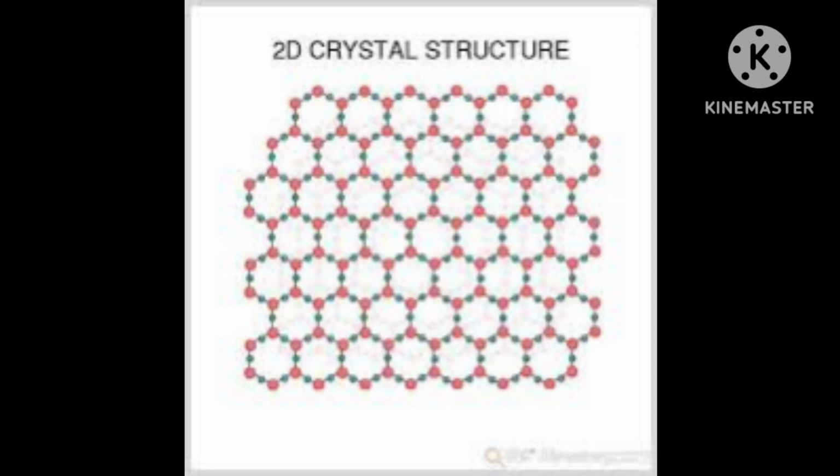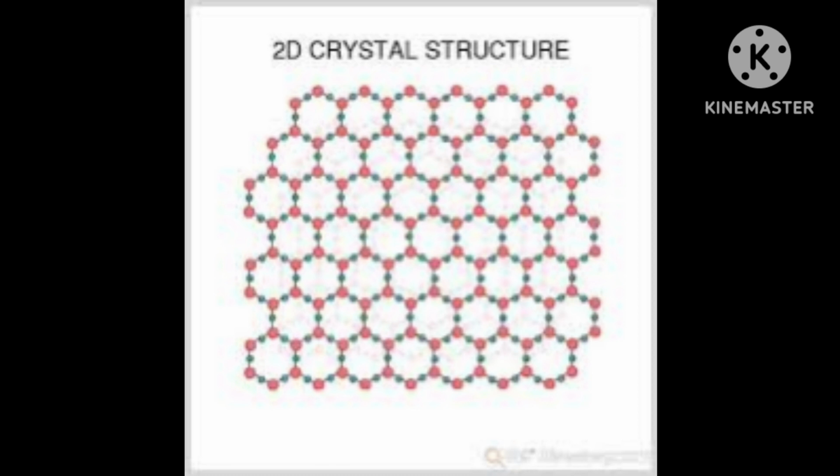Other examples: carbon, meaning diamond, and aluminum nitride, AlN, and graphite. These are the examples of covalent or network solids: silicon oxide or quartz, silicon carbide, diamond, graphite, and aluminum nitride.